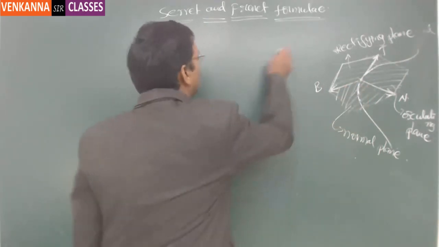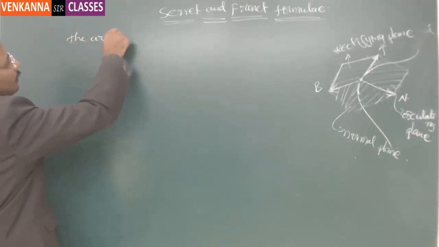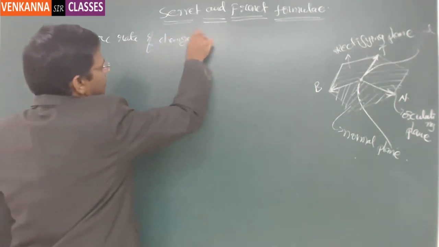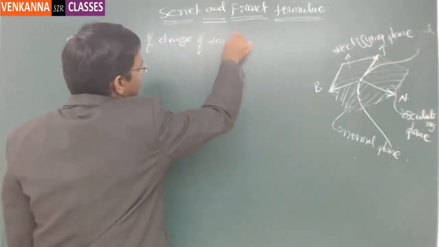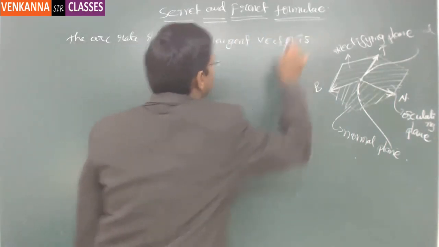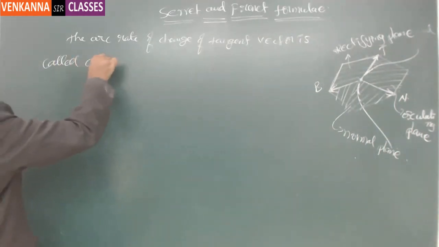Now the arc rate of change of the tangent vector is called curvature.